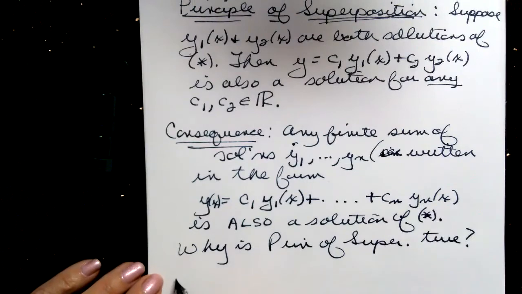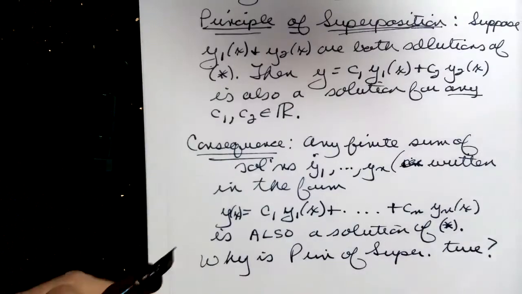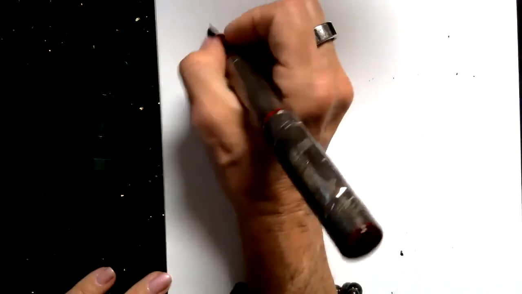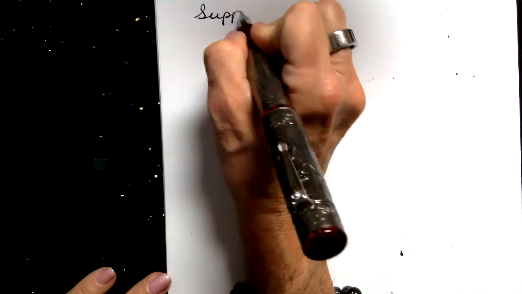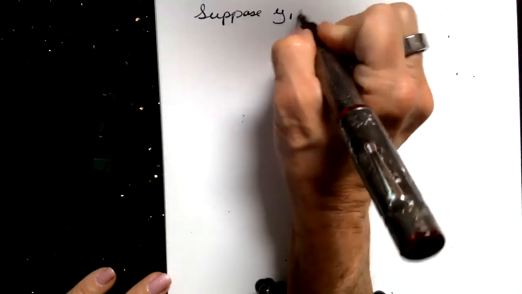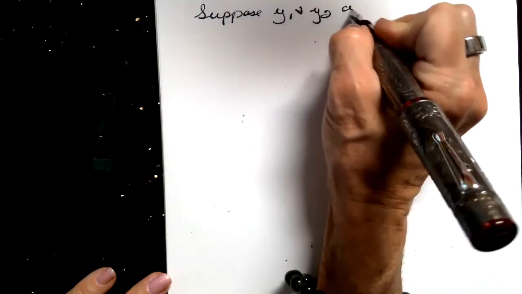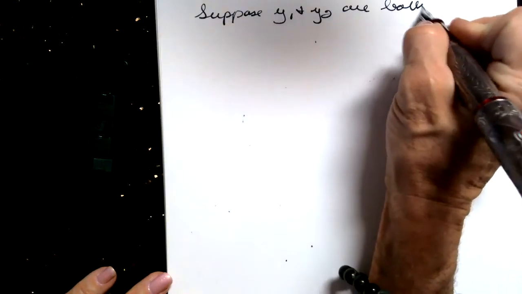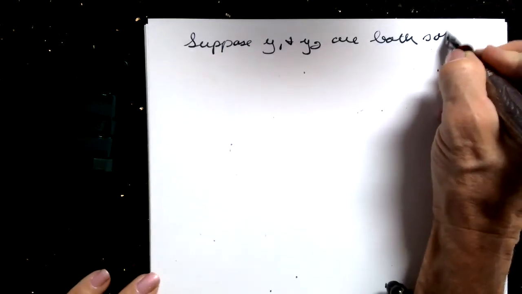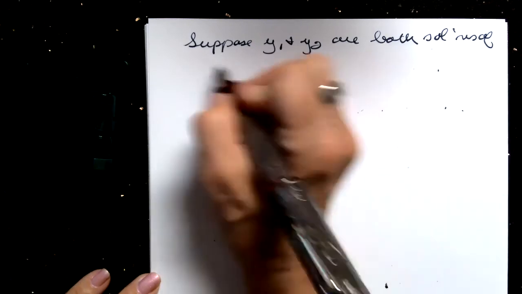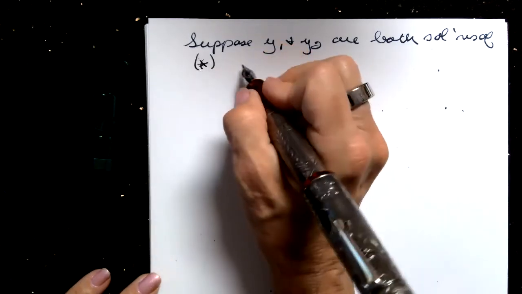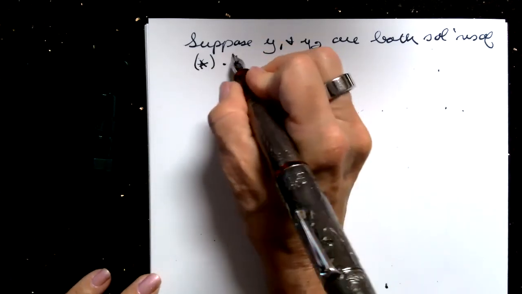So we're going to suppose that y1 and y2 are two solutions of asterisk. Okay, so that they're both solutions of asterisk.